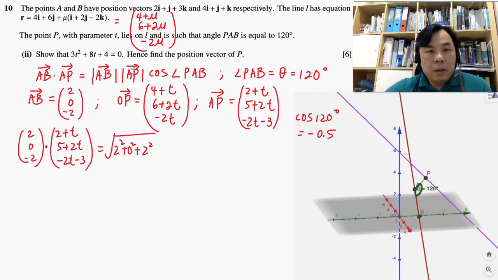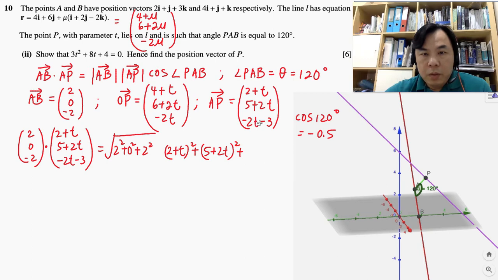And then I'm also going to obtain the magnitude for AP, which is 2 plus t squared, plus 5 plus 2t squared, and finally I'm going to ignore the negative, because if you square the negative, you will get a positive.